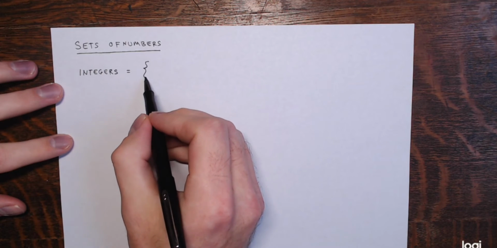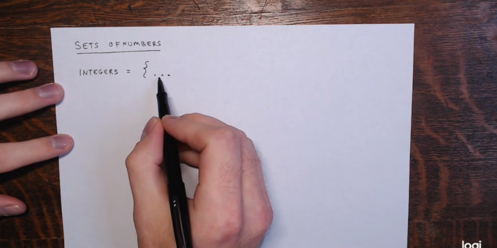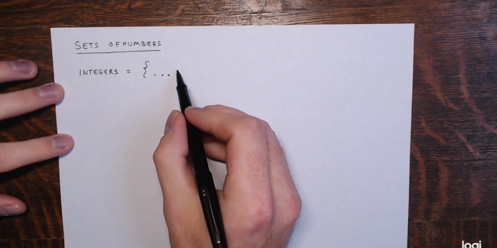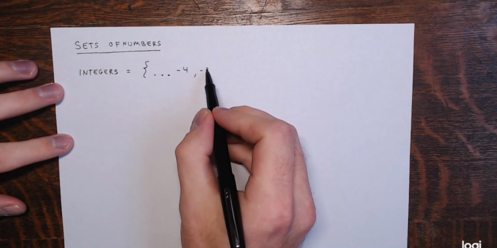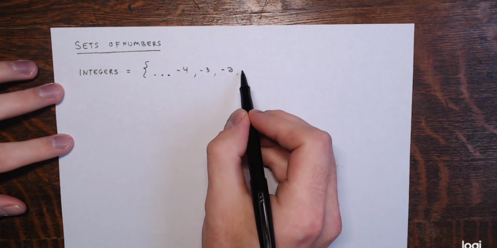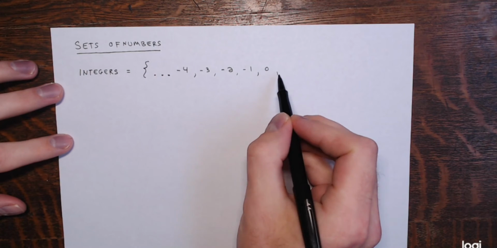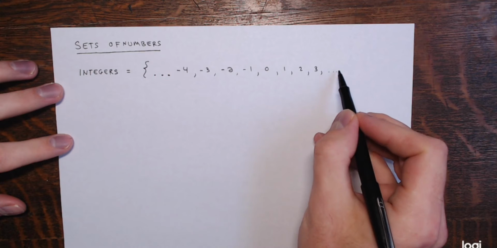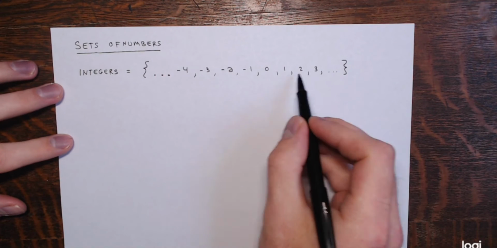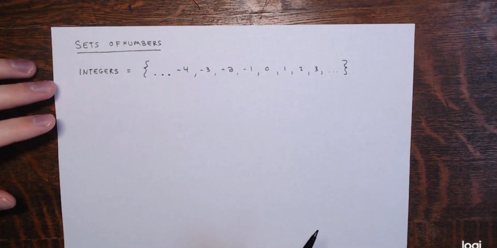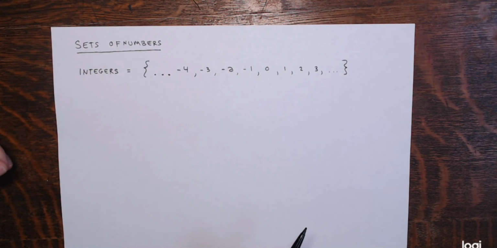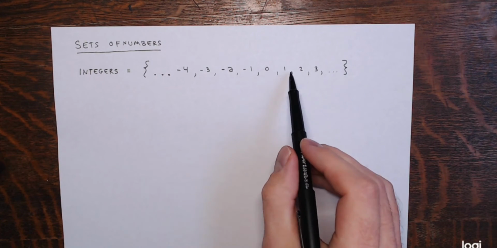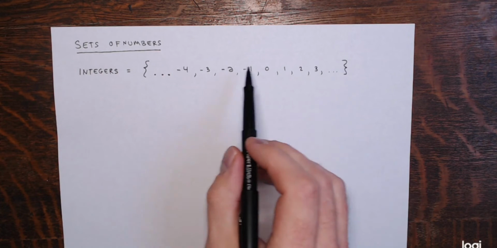So you've got braces and it's like dot, dot, dot, ellipses, going that way forever. -4, -3, -2, -1, 0, 1, 2, 3, and so on. Right? You just keep adding 1, subtracting 1, and you get all the integers. So another way to say this is it's all the whole numbers and their opposites.